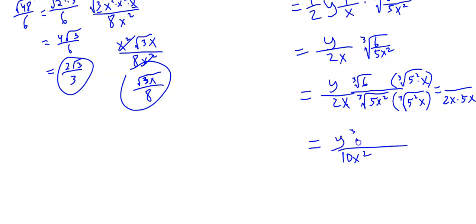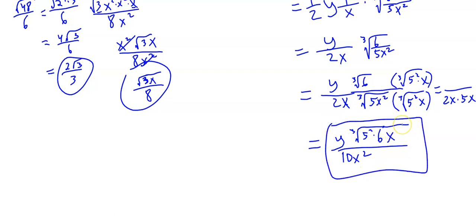I've got cube root of 5 squared times 6, whatever that is, times x. And I think that actually is the answer there. I mean, you can multiply 25 times 6, I think is 150, I guess. So you could write that as 150x inside the root. That would be fine as well.